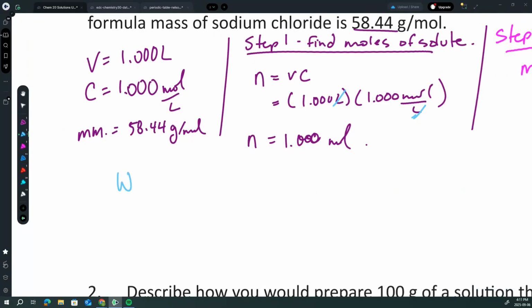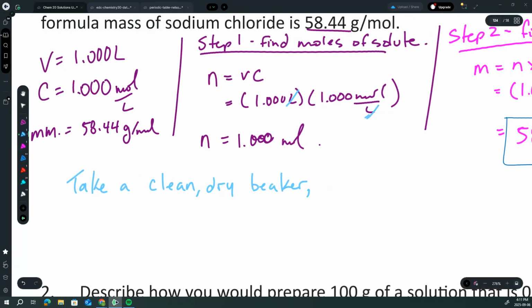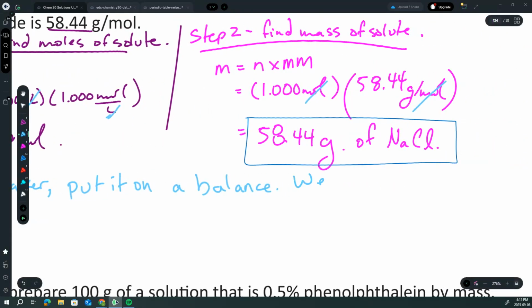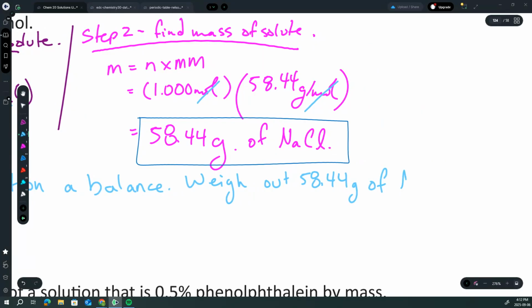Okay, so what I would say is take a clean, dry beaker, put it on a balance, weigh out 58.44 grams of sodium chloride.